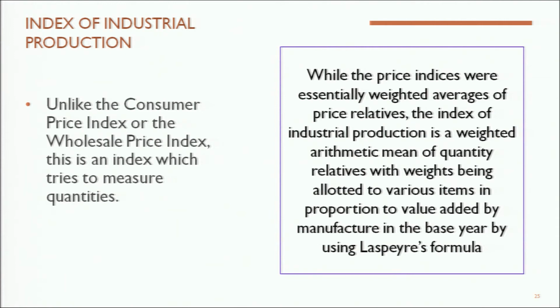So we apply the same formula as was applied in case of last year, but instead of using P, we now use Q with weights. So the formula becomes sigma of QW divided by sigma of W. And this Q communicates the relative of the quantities.